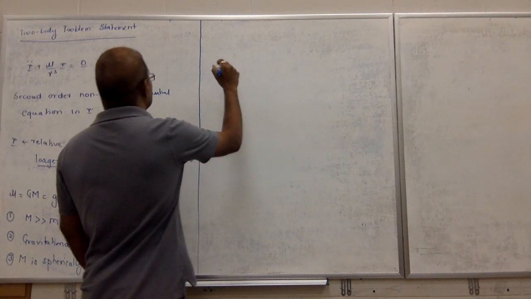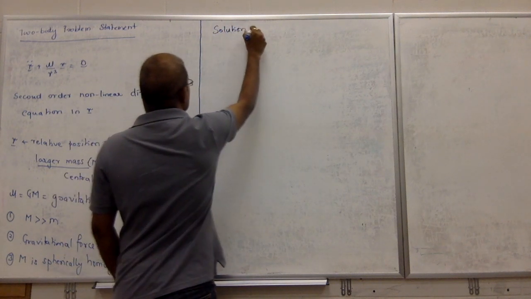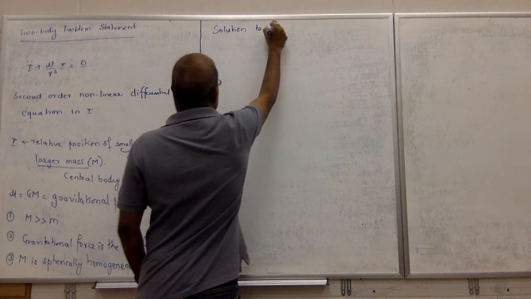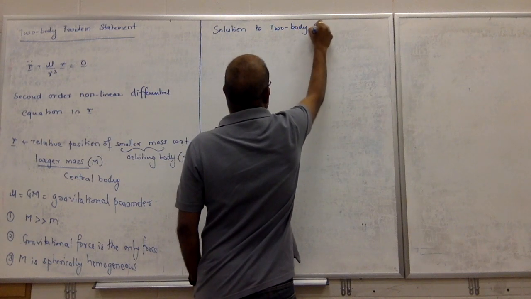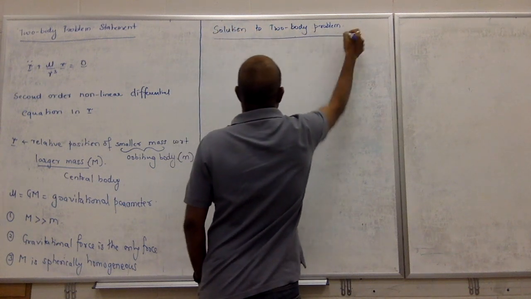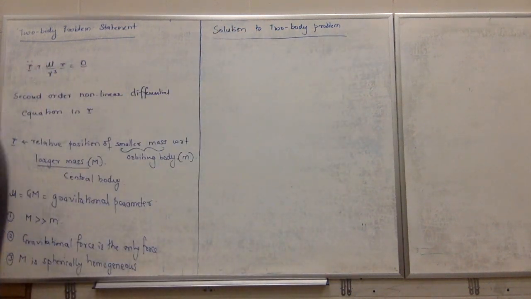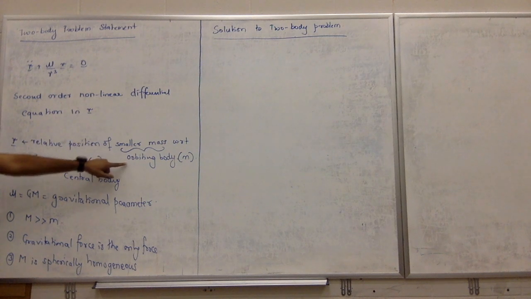Now, what is the solution to the two-body problem? If there is a problem, there should be a solution. Try to understand the context here. What you're interested in is this R. Do you want to know where the orbiting body is with respect to the central body all the time?